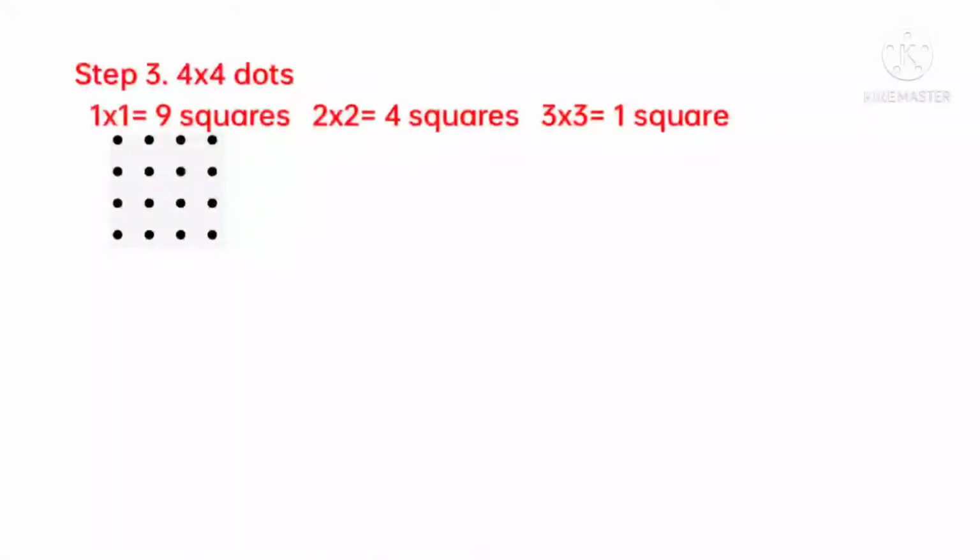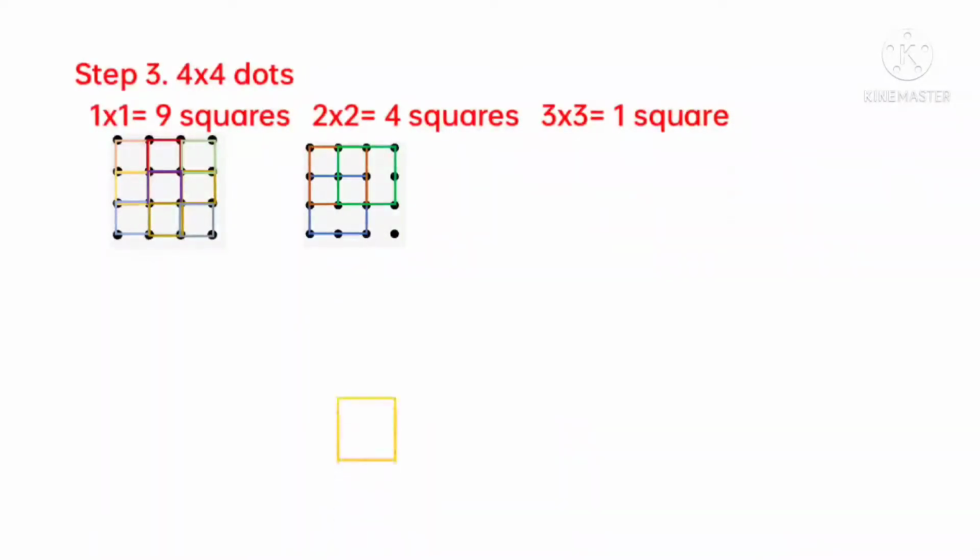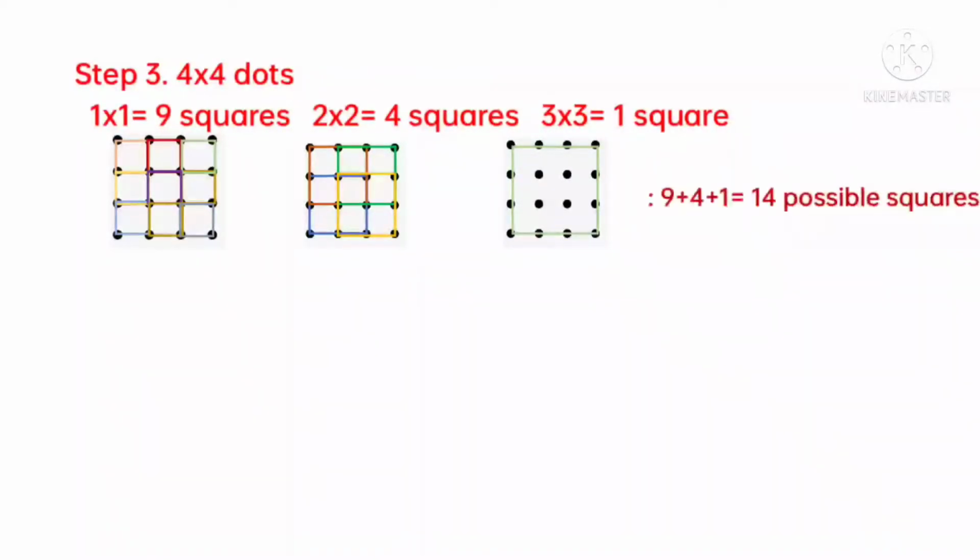Sa 1 by 1, 1, 2, 3, 4, 5, 6, 7, 8, 9. Sa 2 by 2, 1, 2, 3, 4. And sa 3 by 3, 1 square. So 9 plus 4 plus 1 is equal to 14 possible squares.